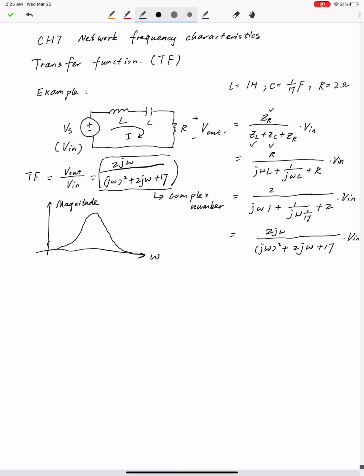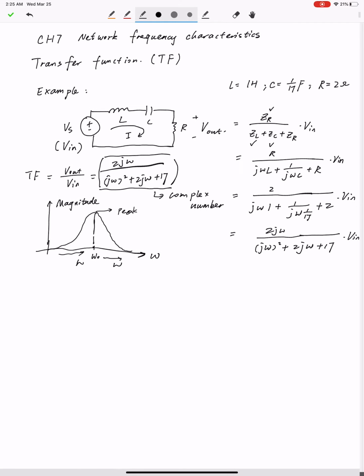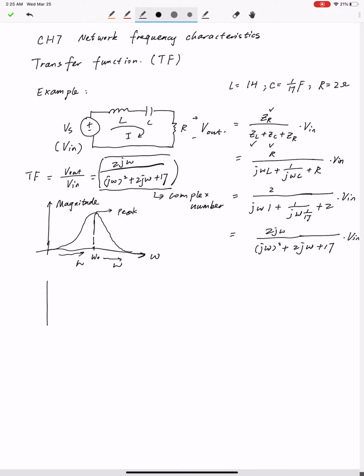It has a peak point as the frequency omega increases. After it passes omega 0, this special point, when you increase omega, the magnitude is decreasing. That's the magnitude plot.